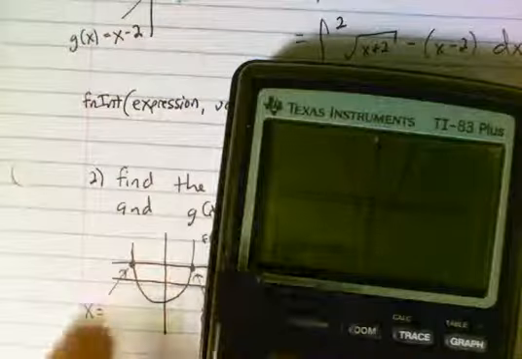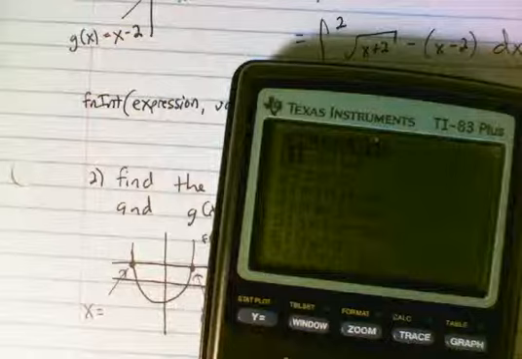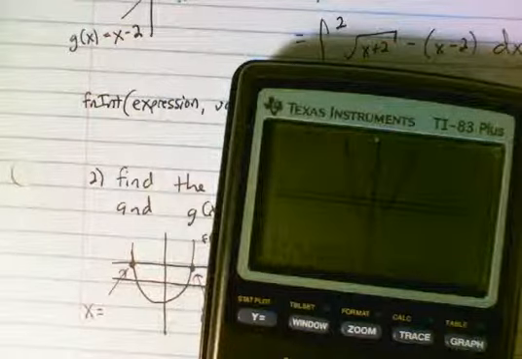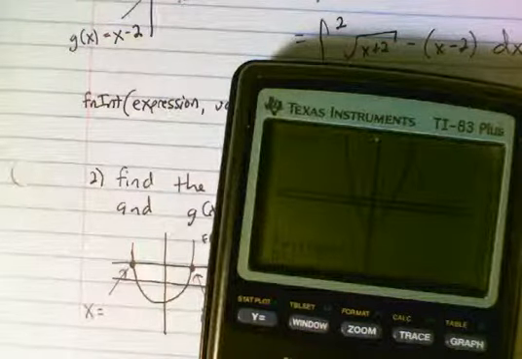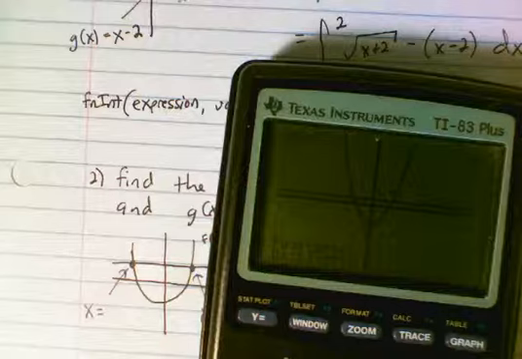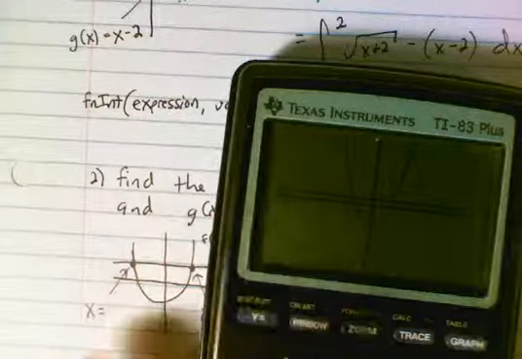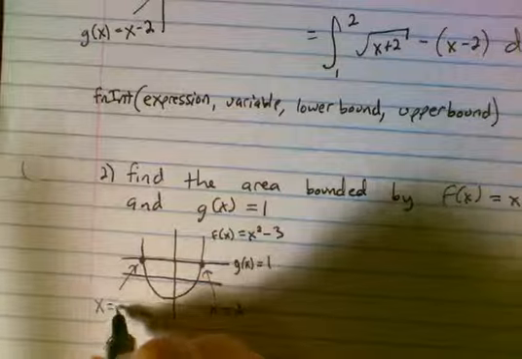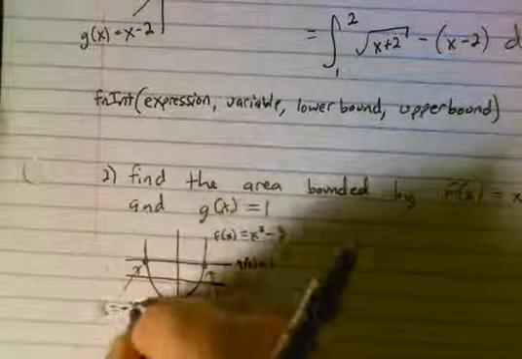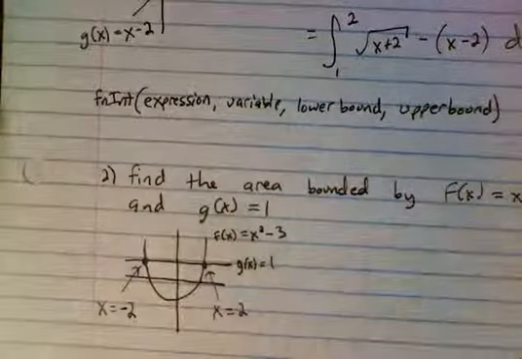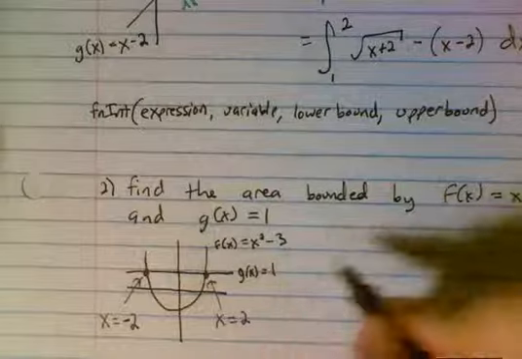On the other one, we do that again. Second calc, intersect, that's number 5. Go over here. It says x is negative 2. From here, it's exactly like we've done in the past.